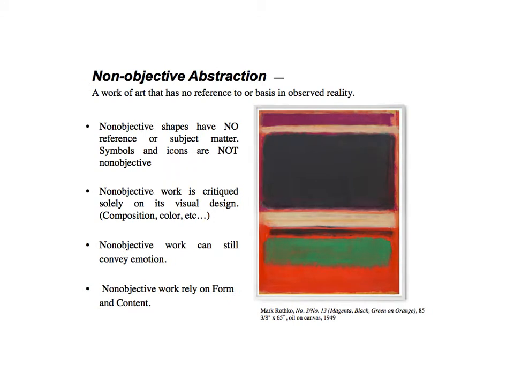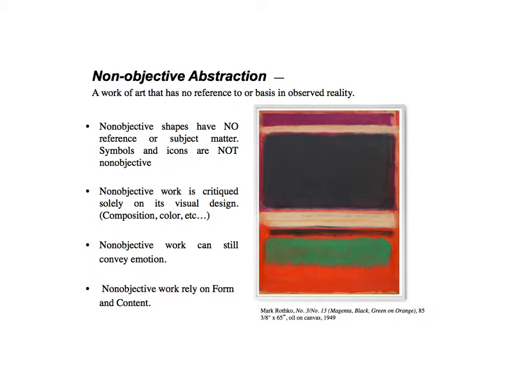Non-objective abstraction means that a work of art has no reference or basis in observed reality. So there's no reference or symbolism in it. Oftentimes, non-objective work is critiqued solely on its visual design, so color or composition. Non-objective work can still convey emotion.